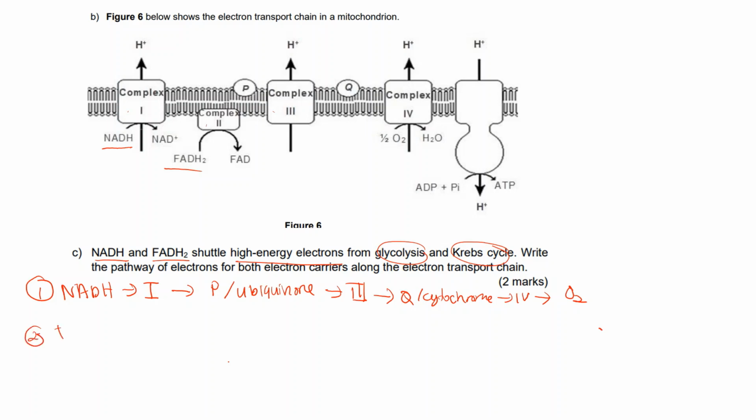As for FADH2, the electrons of FADH2 will be received by complex 2, and then pass to ubiquinone or P, and then pass to complex 3, and then to Q or cytochrome, and then to complex 4, and then the last electron acceptor will be oxygen.